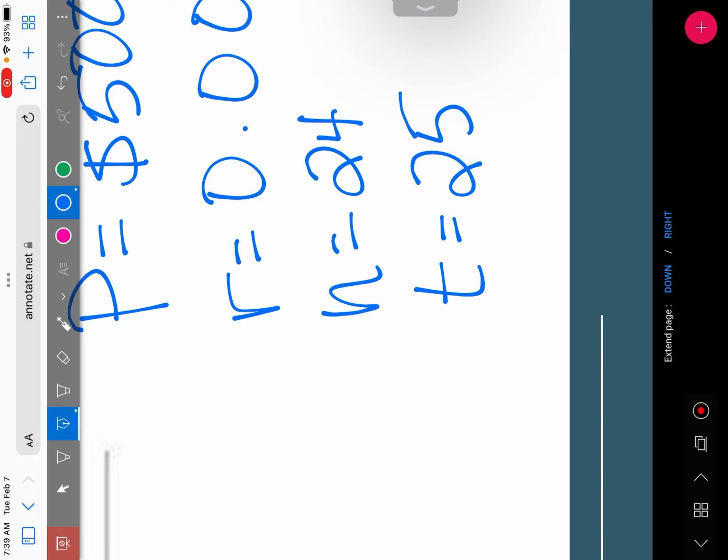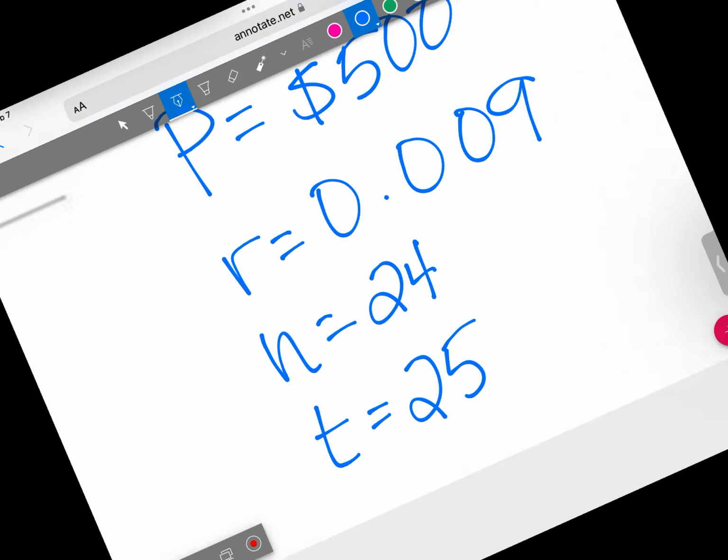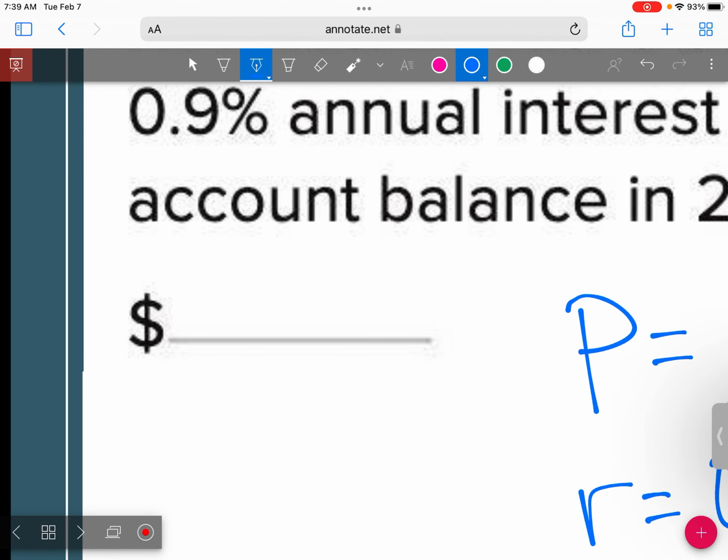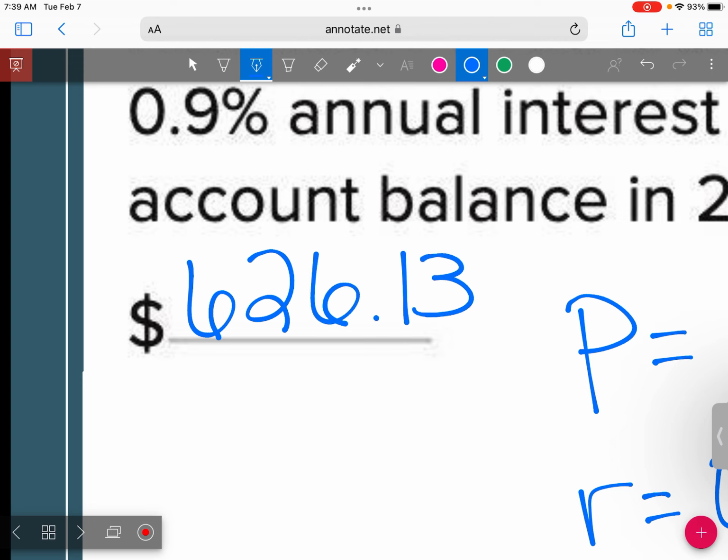All right, everyone good? Okay, cool. What did you get? Yep, $626.13. Okay? So if we look at how much she deposited, $500, she has a really small annual interest rate, right?